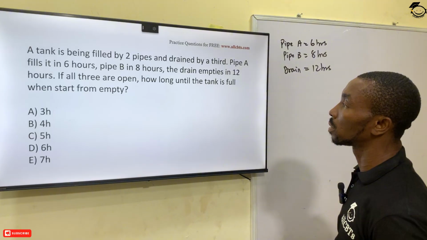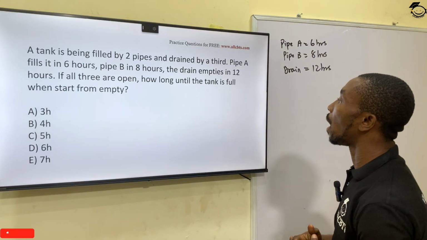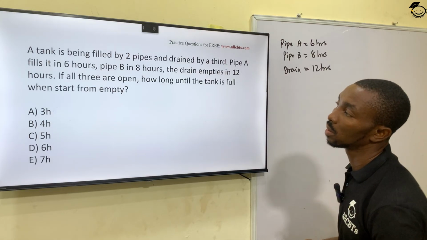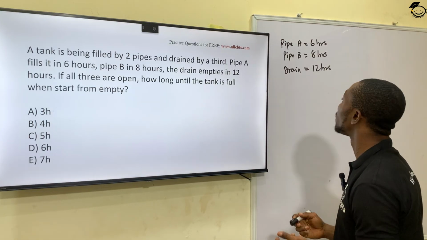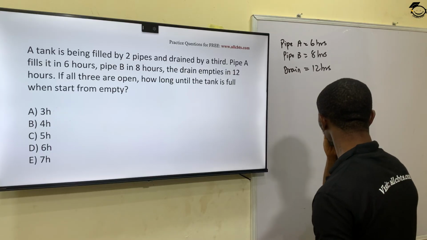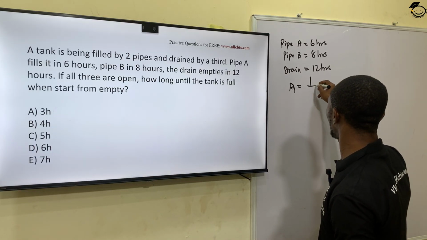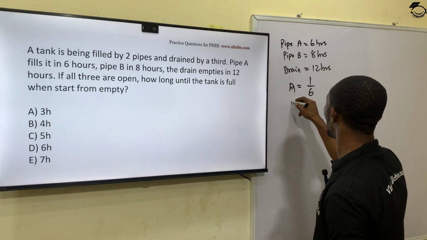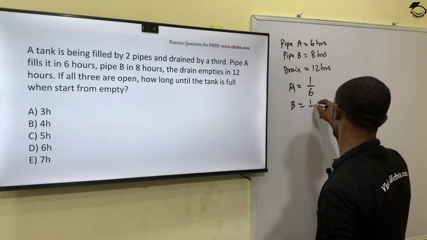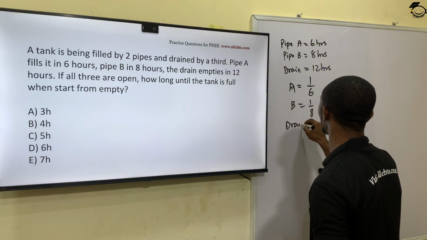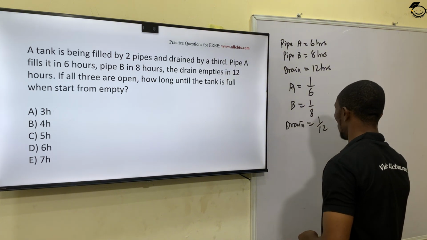If all 3 are open, how long until the tank is full, when it starts from empty? Now, for pipe A, we have our rate as 1 over 6. Pipe B, we have it as 1 over 8. And the drain, we have it as 1 over 12.